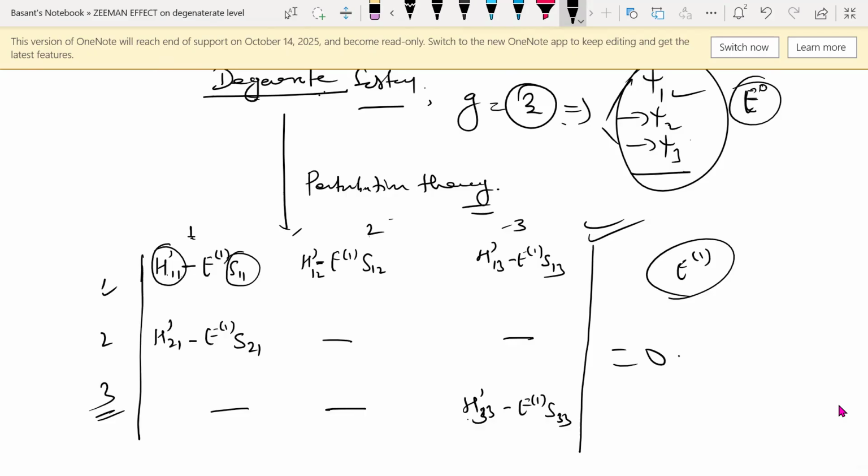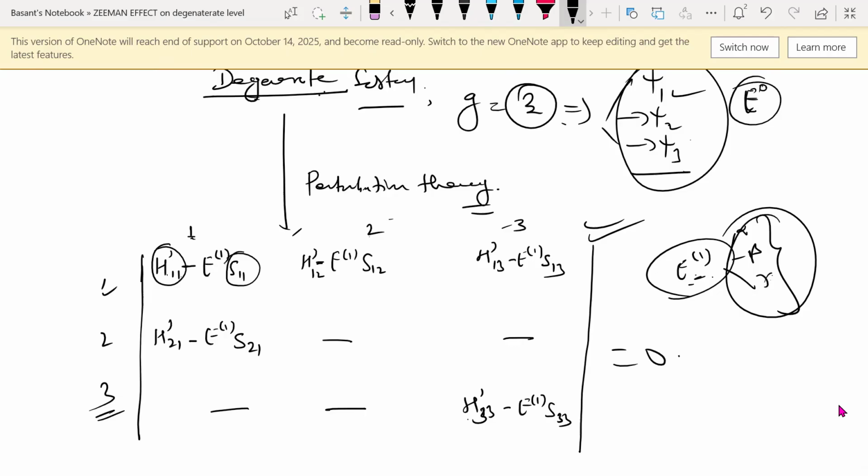Since this is a 3 by 3 determinant, we get 3 values of E1, say alpha, beta and gamma. This shows how the degenerate levels split after applying the magnetic field.